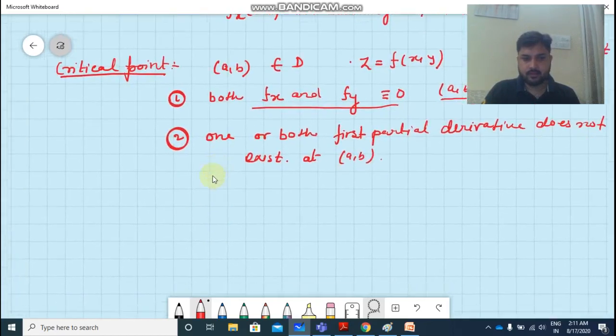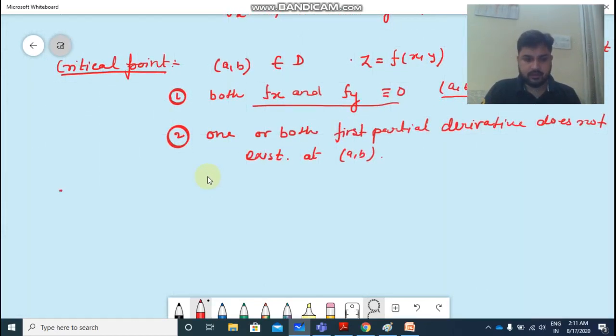Next we will define the saddle point. So what is a saddle point?